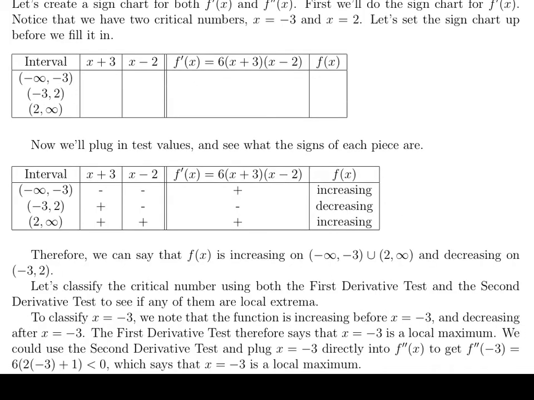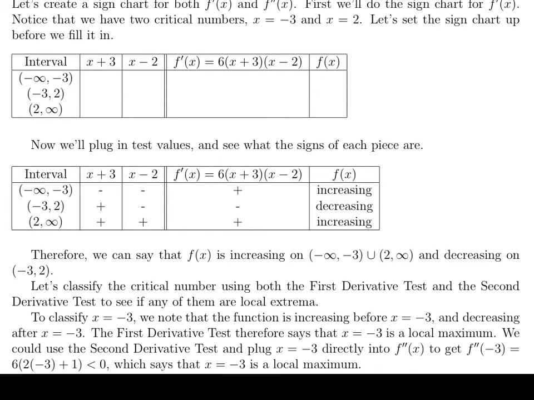All right, let's classify x equals negative 3. Okay, so we're going to use the first derivative test. We notice that before x equals negative 3, the function is increasing, and then after negative 3, it's decreasing. The first derivative test then tells us that we've got a local maximum. It's going up, then it's going down, so that has to be a local maximum.